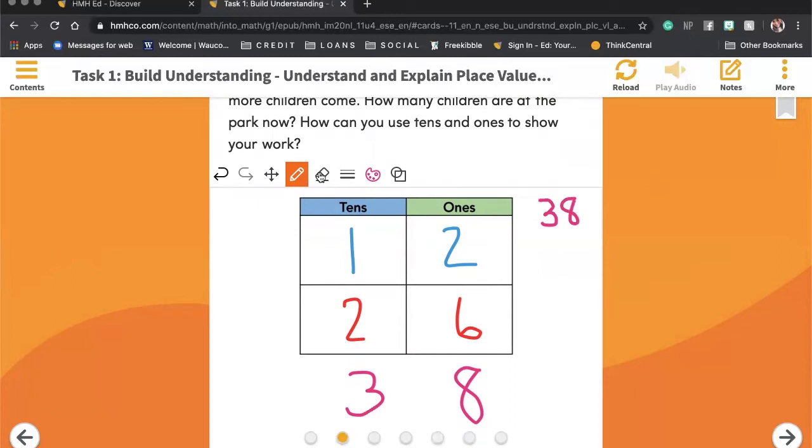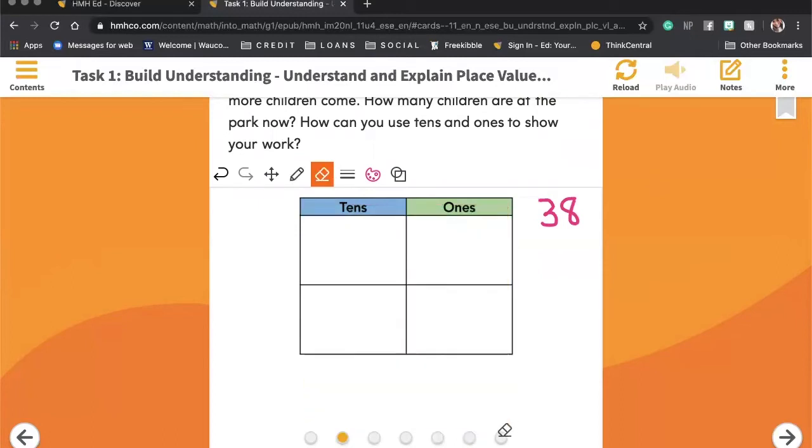Let's take a look at this as a drawing, like our quick picture that we normally do. So we'll erase that. The number that we are trying to reach is 38. So let's see if we get that when we draw a picture. So our first number was 12. So I have one group of 10 and 2 ones.